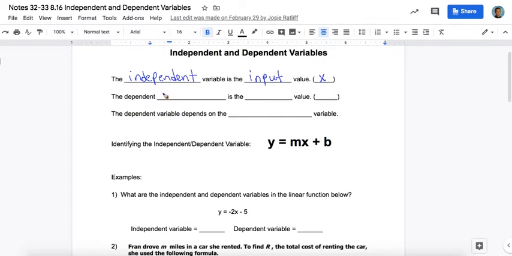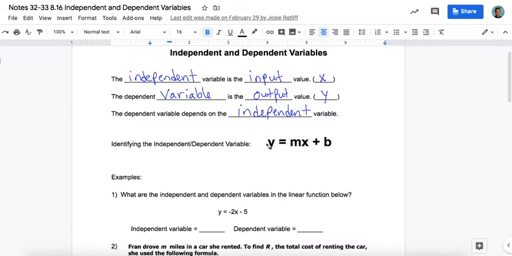Okay, the dependent variable is the output value, which is typically the y value. So the dependent variable depends on the independent variable.